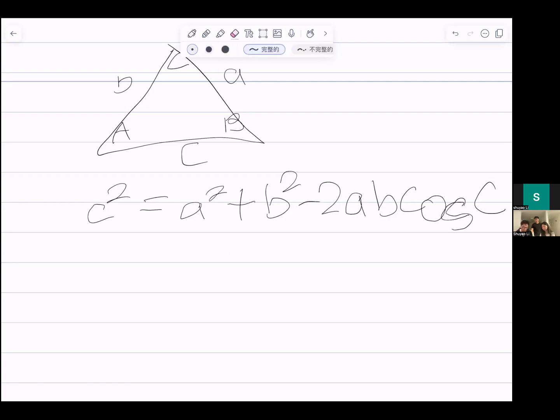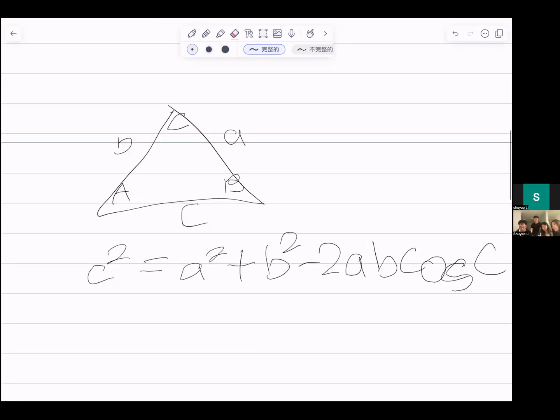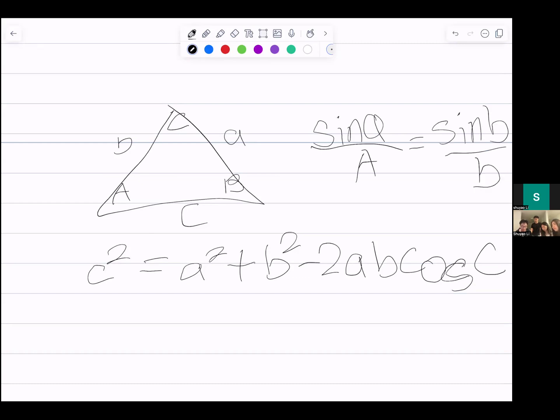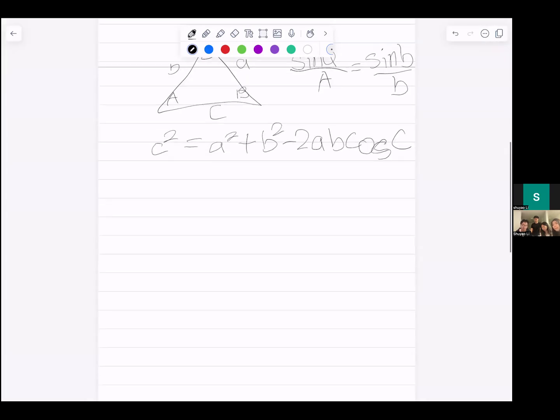Another one we cover is the law of sines, from this same triangle: sine of A over A equals sine of B over B, and so on and so forth. After that, we can finally get to 2D particles.